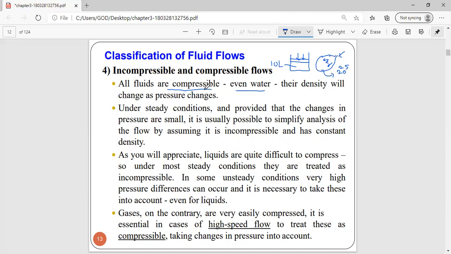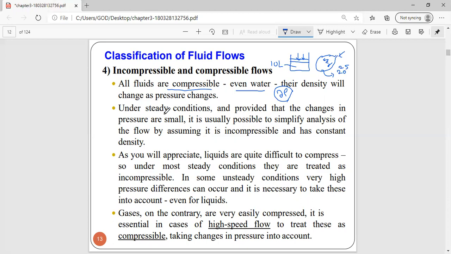So why is it said to be compressible? Because there is a small change. First, we'll define compressibility. If there is a change in the density, then we call it a compressible fluid. If there is no change in the density, irrespective of the force applied, then we call it an incompressible fluid.